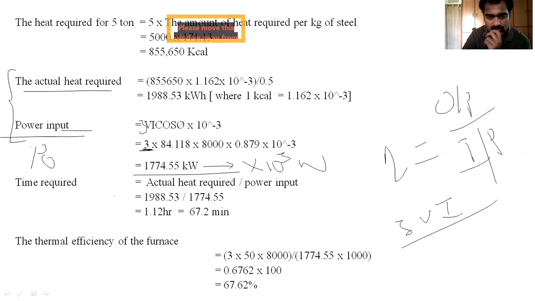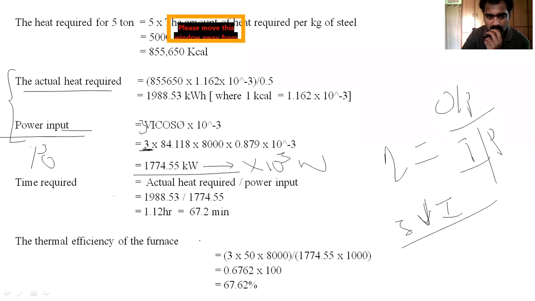Output power is 3 into VI. V is the arc voltage, because that is the output voltage. The current is nothing but 8000 amperes. So all of you have calculated the values. Just place the values here.